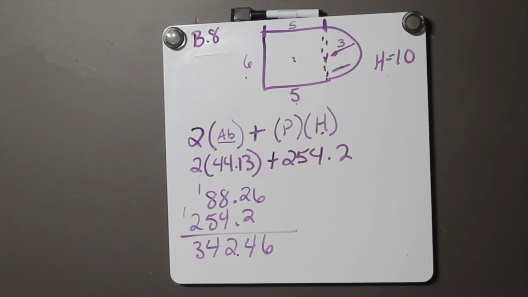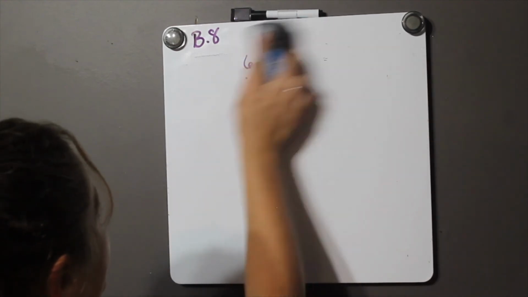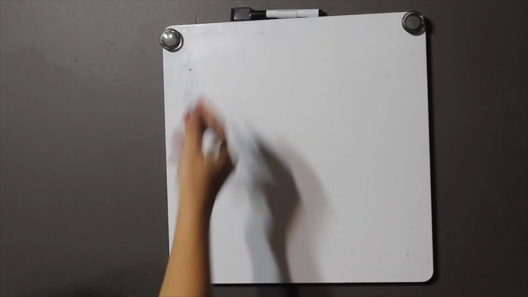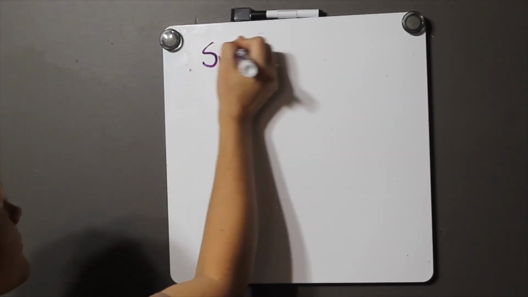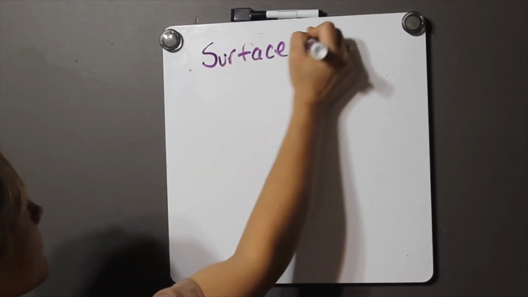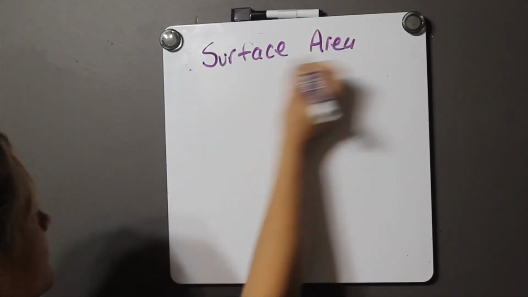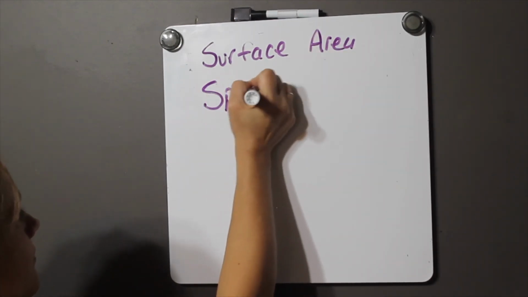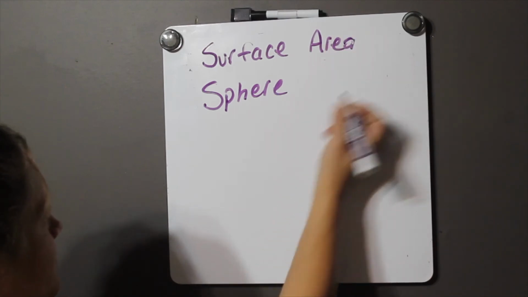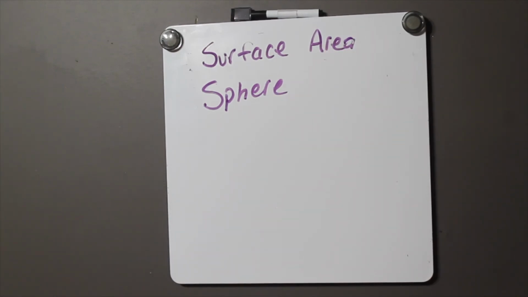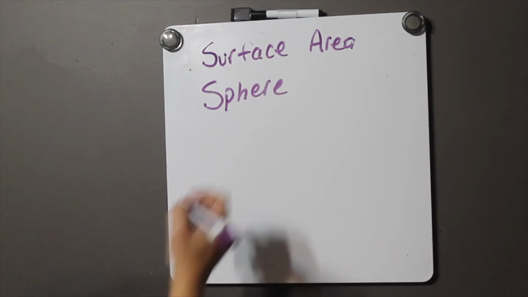Surface area of a sphere. Alright, so surface area of a sphere, the formula is 4 pi r squared.